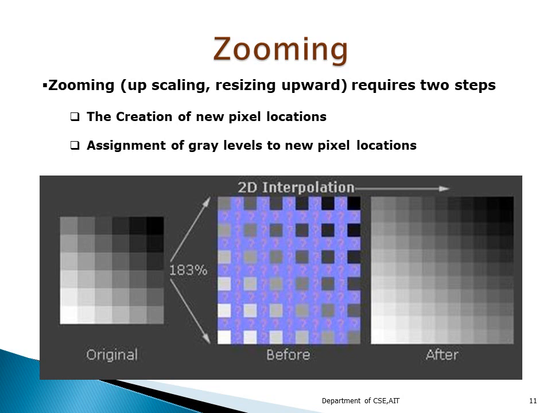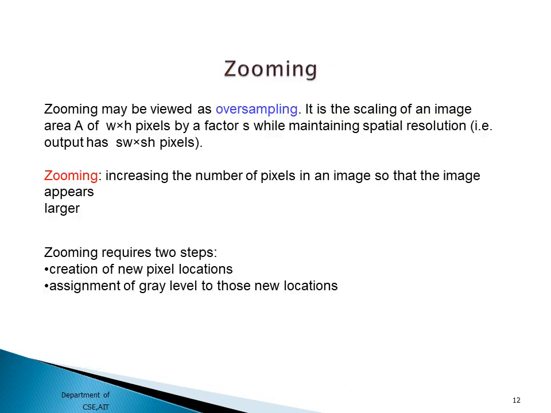These empty spaces should be filled, and then you get the output, which is a zoomed image. This zoomed image is a combination of the original image along with some gray levels put into its neighborhood. So with the original image and some modifications on its surroundings, I get my zoomed image.